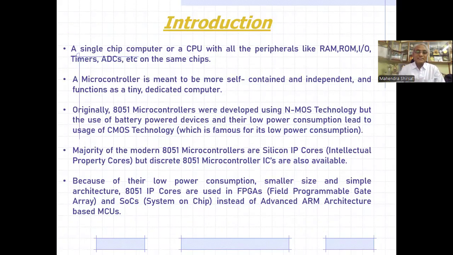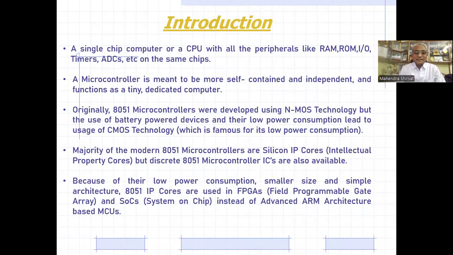But NMOS technology has some disadvantages. Its power consumption is very high, and CMOS has very low power consumption. Therefore, later on, 8051 microcontrollers started being manufactured using CMOS technology.